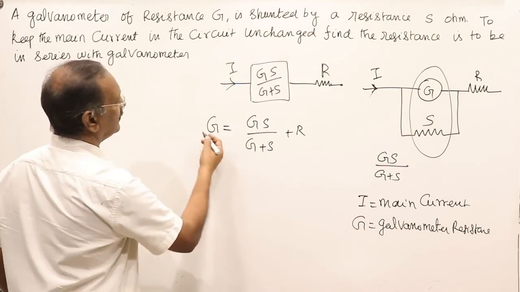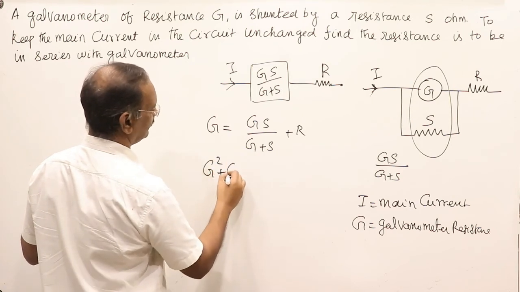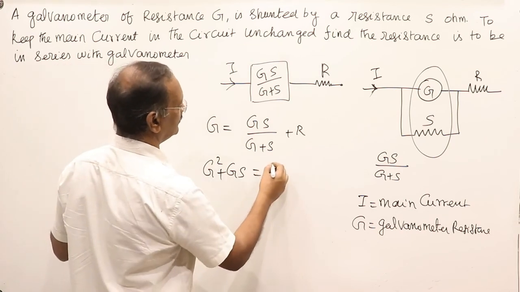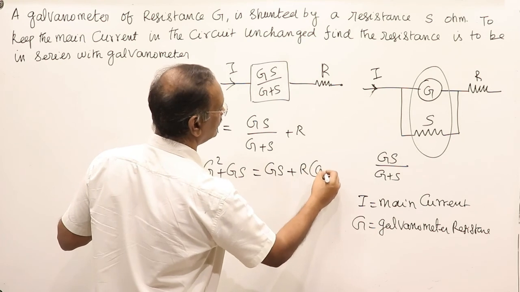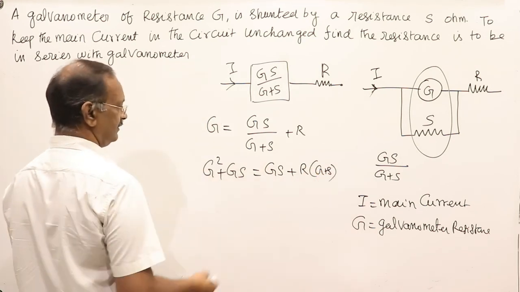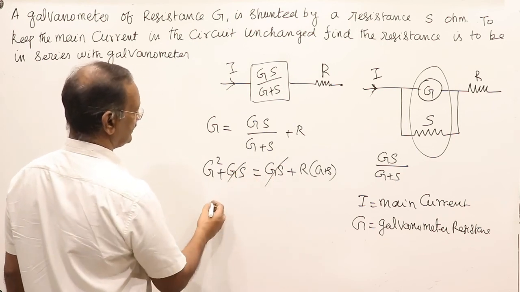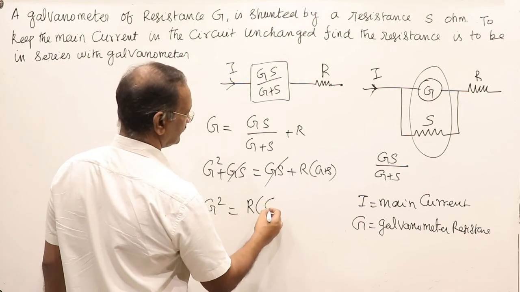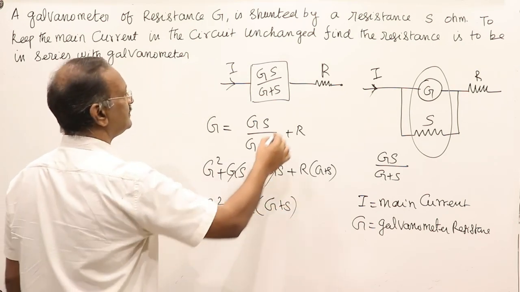Now we cross multiply this. This will become G square plus GS is equal to GS plus R into G plus S. The GS cancels. G square is equal to R into G plus S. Now we need R, the resistance we have to find.